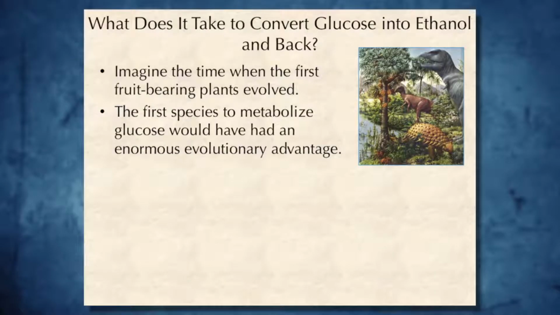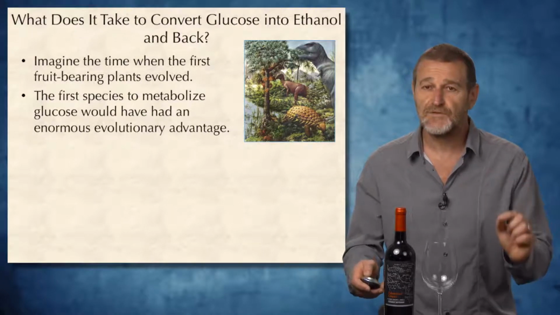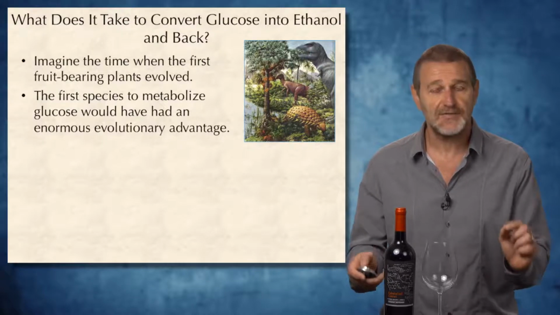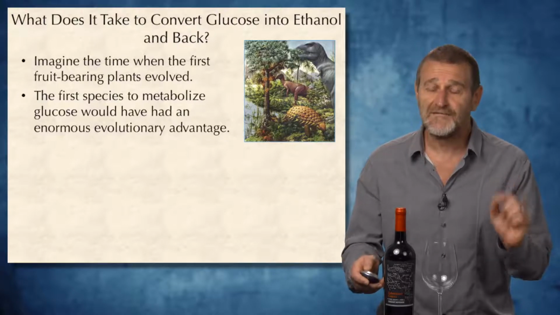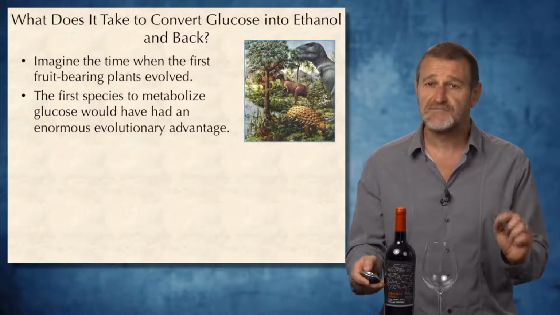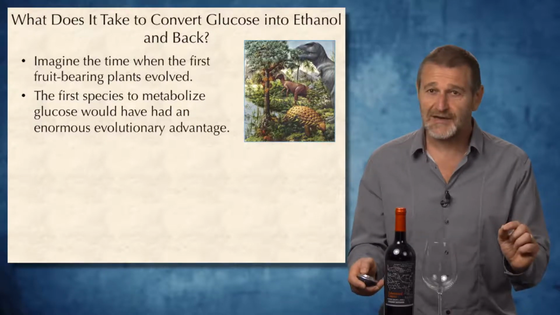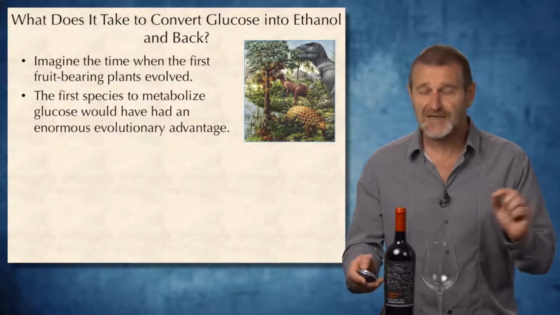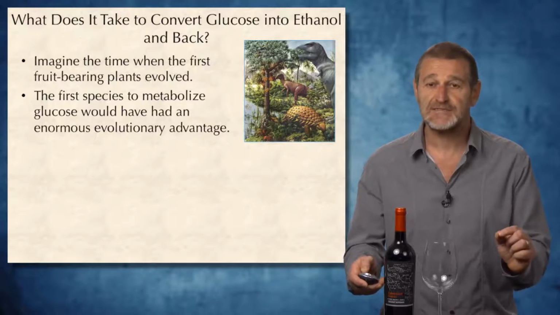But before we answer this question, I wanted to ask you, what does it take biochemically to convert glucose into ethanol? Imagine the time over 100 million years ago when the first fruit-bearing plants appeared on Earth. At that time, an organism that would invent a way to metabolize glucose in fruit would have an enormous evolutionary advantage, particularly if it would convert glucose into ethanol, because ethanol is a poison for most other competitors of this organism.